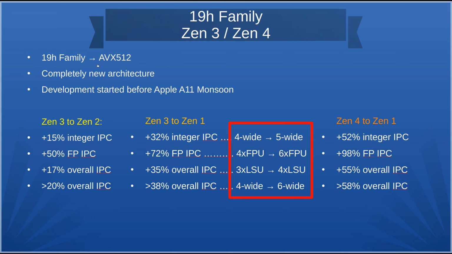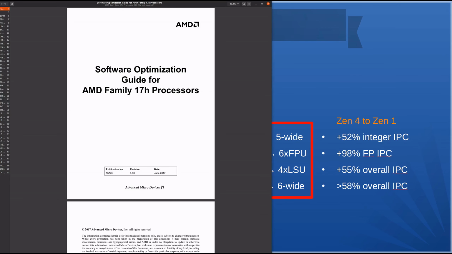processors. Because when we look at this, this is the Zen 1 guide from June 17. You can see this is for the family 17H, the Zen 1 architecture.